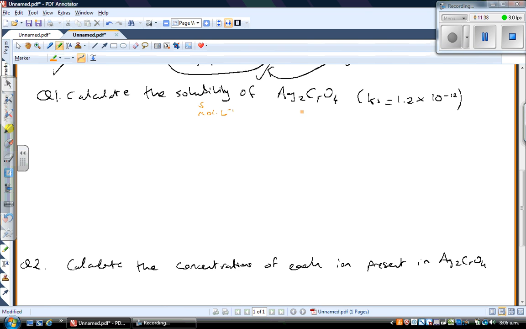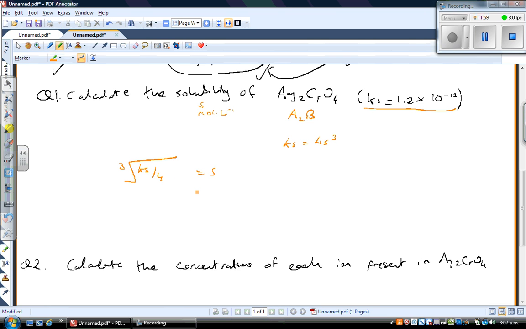We need to look at the type of solid we have, and we have an A2B type solid. Therefore, the relationship between Ks and S is that Ks is going to be equal to 4S cubed, and we want to get S in this case, so it's going to be the cube root of Ks divided by 4.